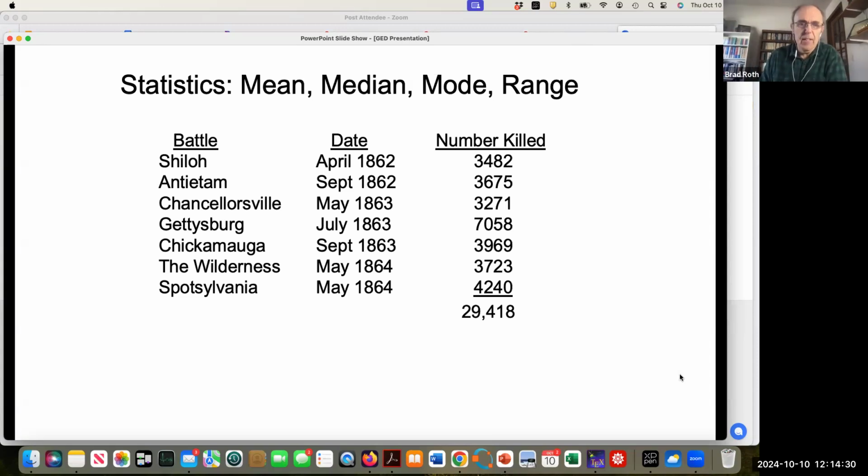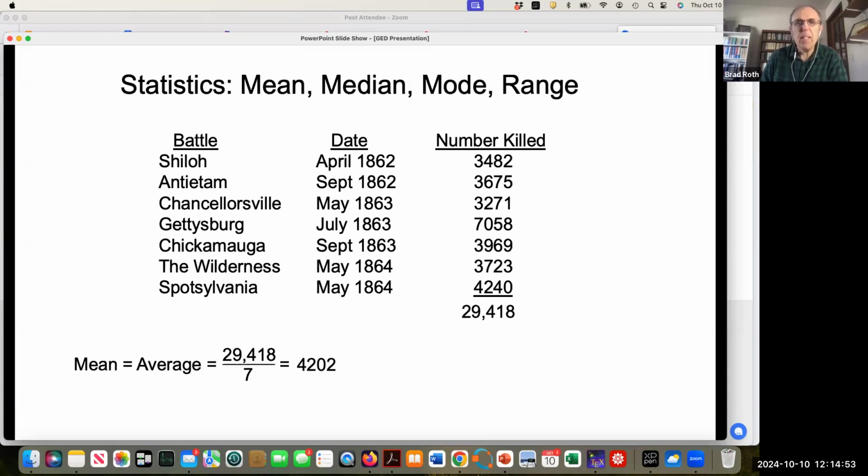What you do is you just add up the total number killed in all the 7 battles listed here, and you divide by 7, and you're going to get the mean, which is 4,202. Sometimes when they say mean, what they really mean is average. Those 2 words are used more or less the same. And that's the mean.